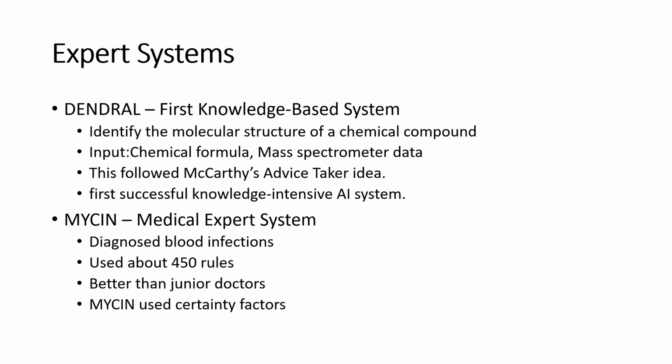For example, if the symptom is X, then there is a possibility of 0.7 that the disease is Y. If we have a symptom X, we cannot say that this symptom is for a particular disease. There is a possibility of many diseases actually.